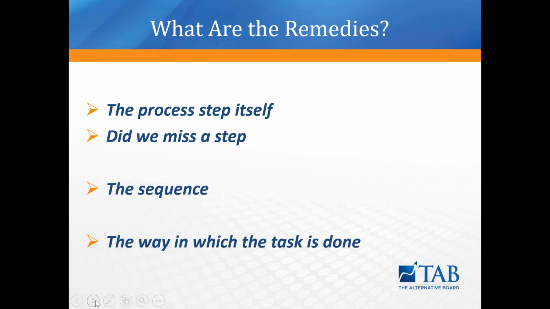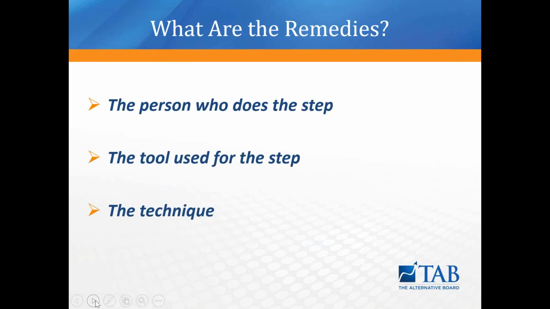We also need to think about the person who does the step. As I mentioned, Joe had his secretary making the calls to set the appointments. Should that be done by a salesperson, the business owner, the administrator, the project manager? Are the right people involved on the buyer's side?